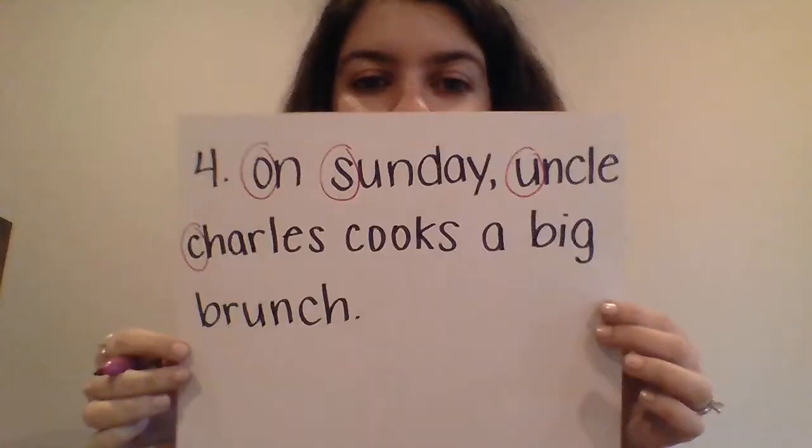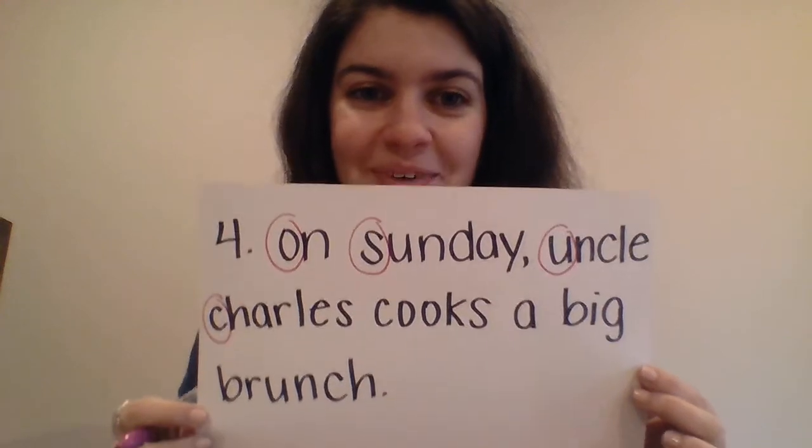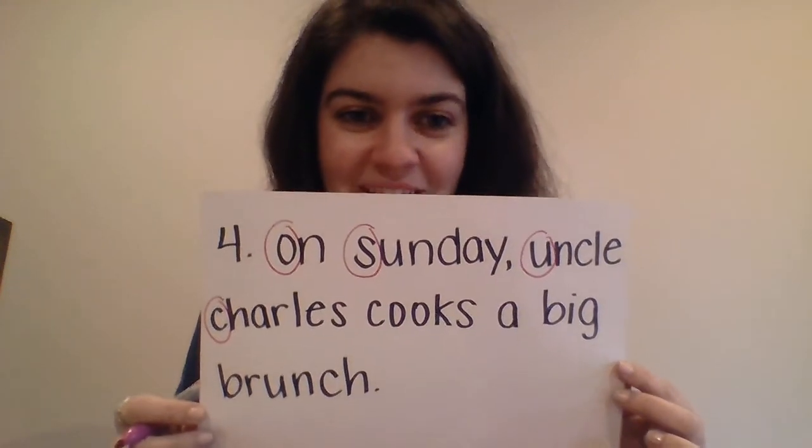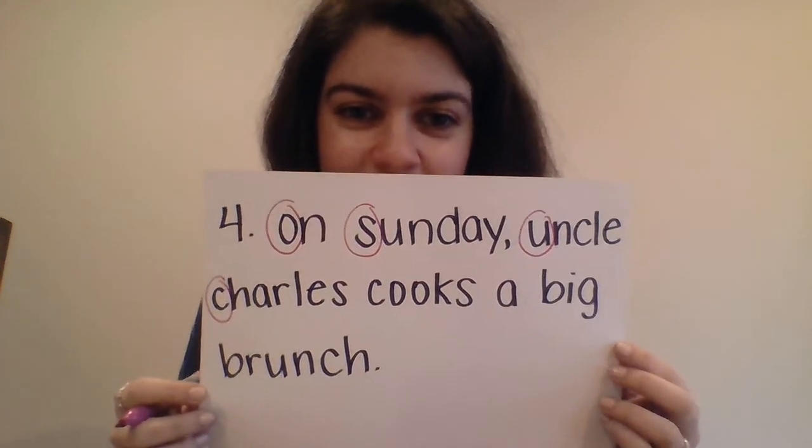The O in on needs to be capitalized. That's the beginning of the sentence. S in Sunday, that's a specific day of the week. U in uncle, and C in Charles. Those are part of someone's name. If you got all 4, way to go. Give yourself that point. If not, give me a point.